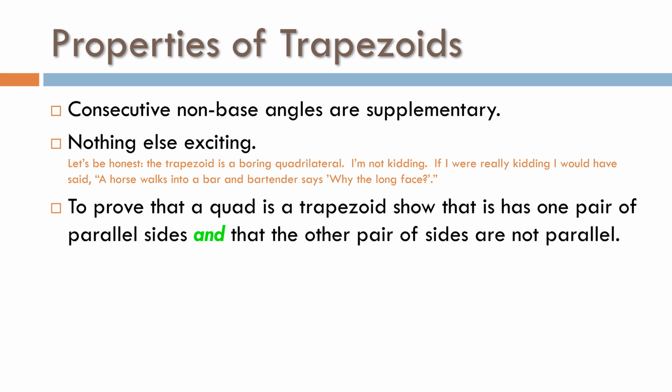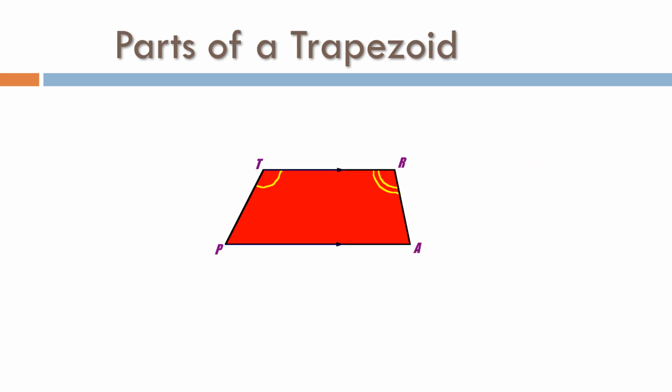If you want to prove that something is a trapezoid, we're going to introduce a different concept here that we're going to use a lot: not only do you have to show what is true, you also have to show what isn't true. If I want to show that's a trapezoid, I clearly have to show that TR is parallel to PA.